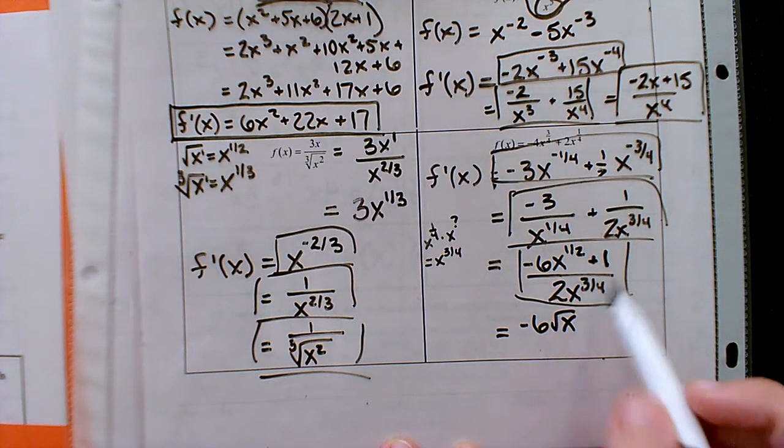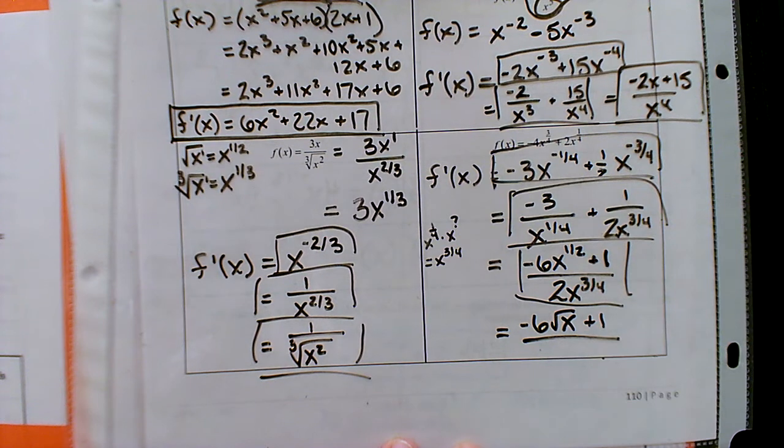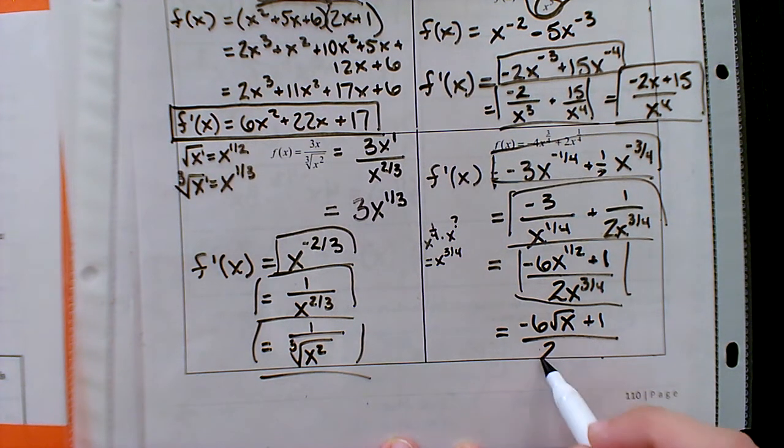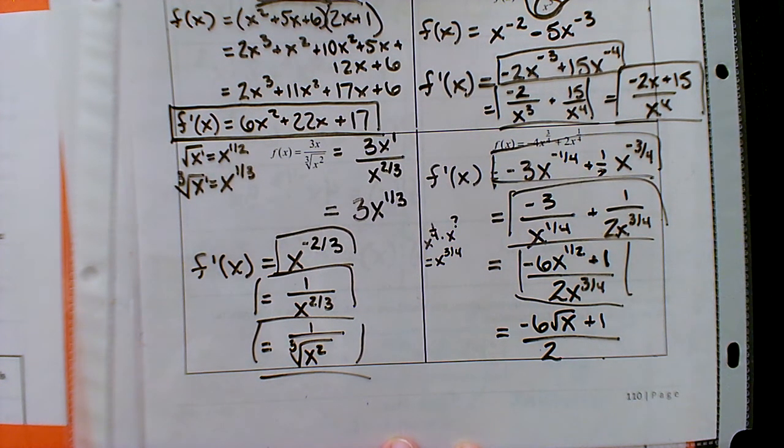And then we have plus 1 all over 2 times, what would x to the 3/4 look like as a root?